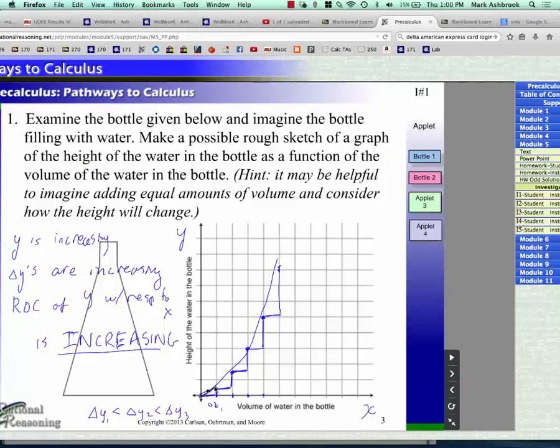Yeah, so our focus is what is happening to that y quantity. And if we want to know what's happening to that y quantity, the only way we can really know for sure is if we control the x quantity to be equal increments. That's the bottom line to it.